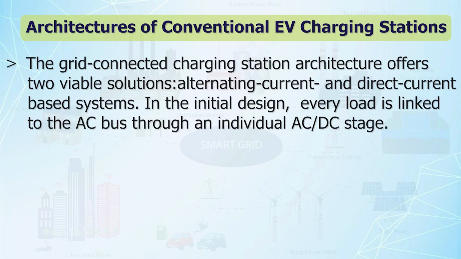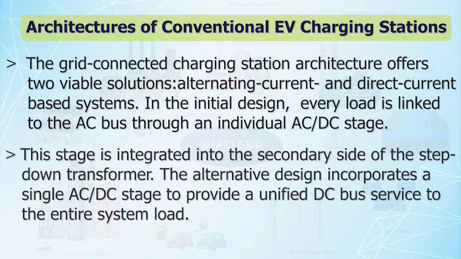So, here the grid connected charging station architecture offers two viable solutions, where alternating current and direct current based systems. In the initial design, every EV load is linked to the AC bus through an individual AC-DC stage.